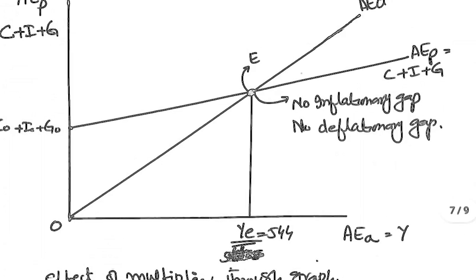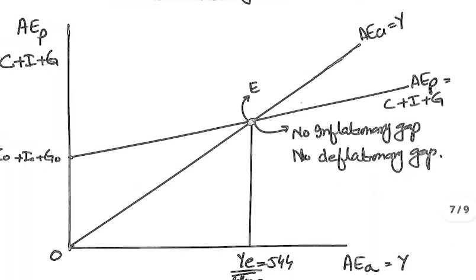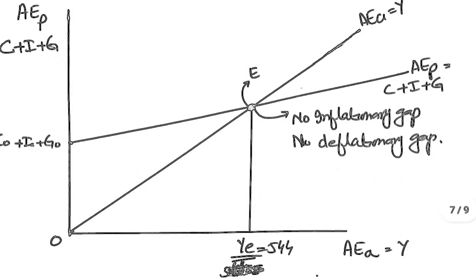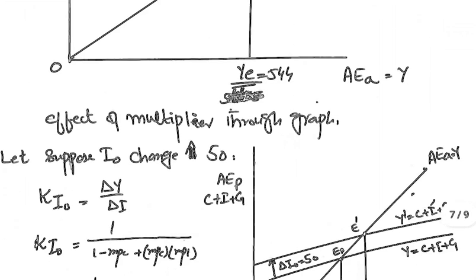Now we illustrate the multiplier effect on national income equilibrium of a change in any planned expenditure, numerically as well as graphically.